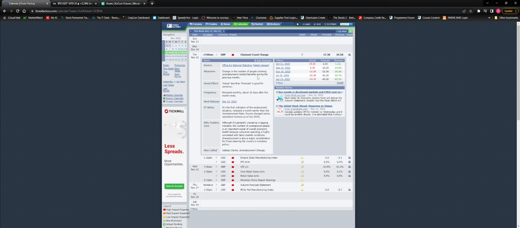So this is the key stat that I tend to look for. So what is the usual effect that this has based upon the results? So the actual versus the forecast. If it's different, if it's above or below, will determine, usually, because other things can affect it as well, but usually it will make the price of the US dollar either rise or fall.